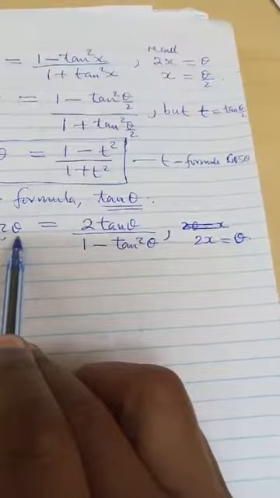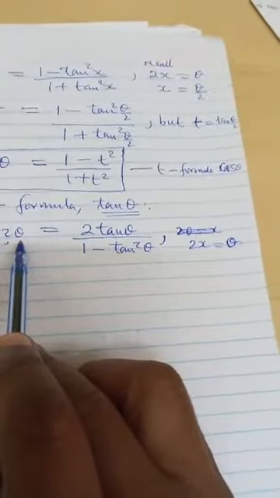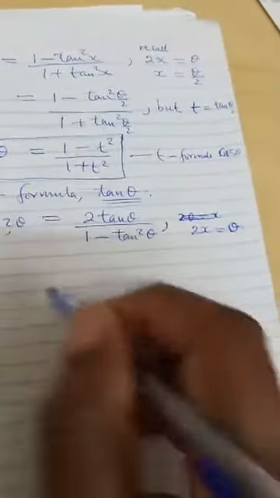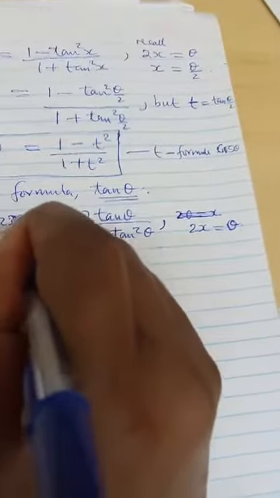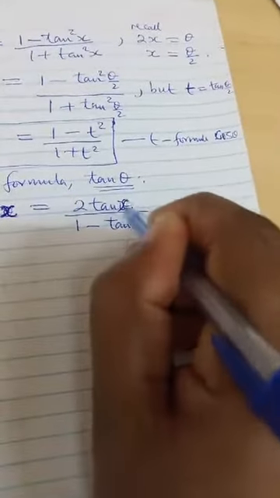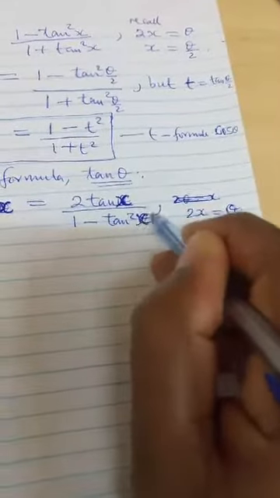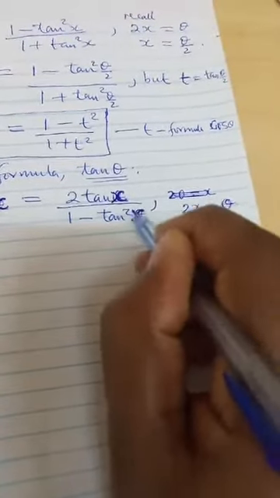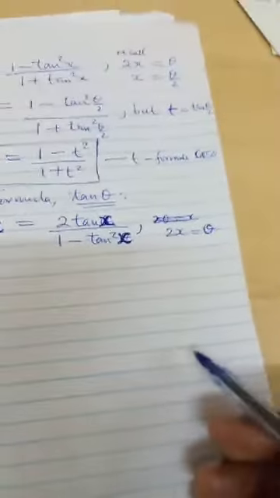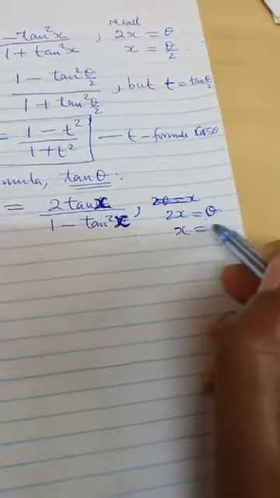I would have used the 2x. I've been using x. Let me use x, not to confuse you. We start from x, and this is our x. For this, it is straightforward. You see, when you use theta, you can get confused. So if you use x and you know that 2x is theta, again, x will be theta out of 2.